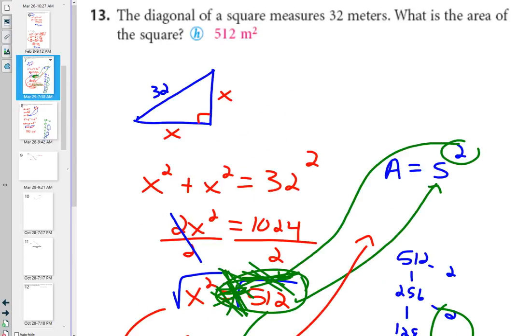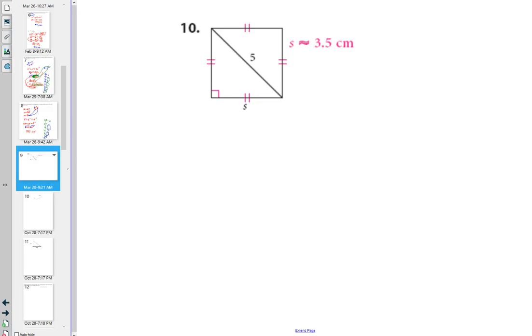Actually, wait, let me see. Sorry, it's the same thing we did here. But they're giving you the diagonal. And then you find the length of a side. Instead of the diagonal being 32, the diagonal is 5.